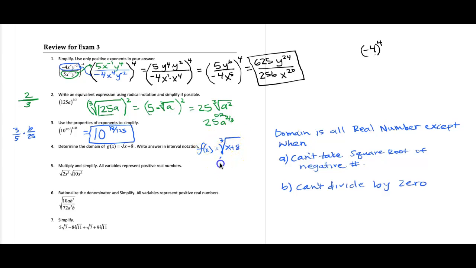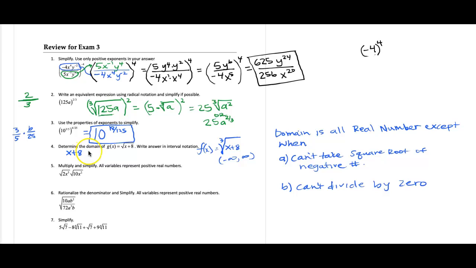So that would be all real numbers, okay? But if it's a square root like we have here, we can't have negatives inside there. And so the best way to think about this is take what's inside, that x plus 8, and it needs to be a positive number.